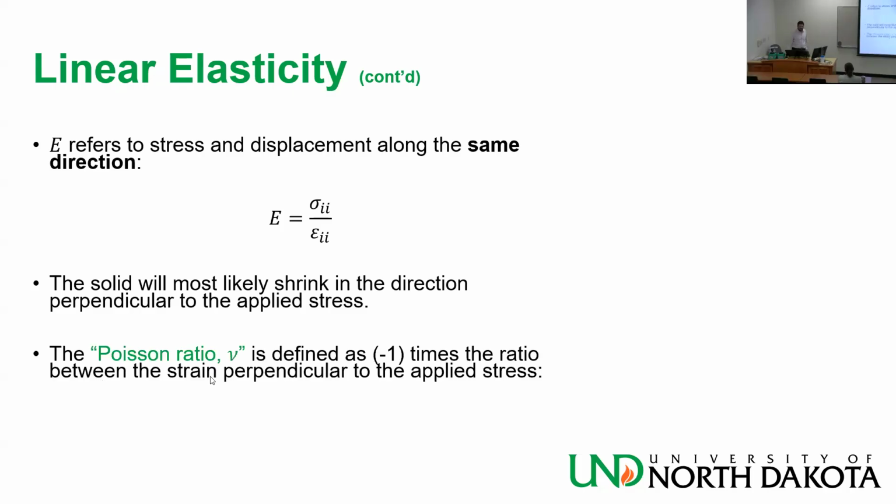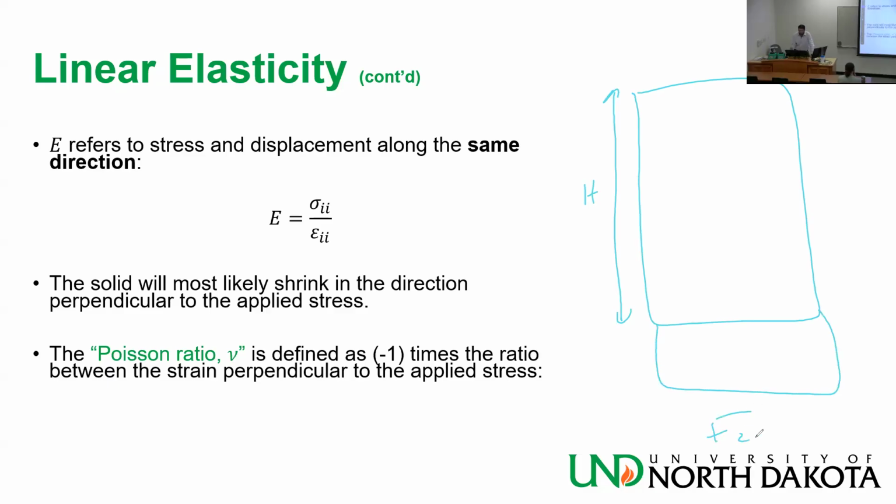So basically I have the old material, with height H. I applied stress FZ over cross-sectional area A, and I achieved an elongation, delta Z. But I also have a reaction in the opposite direction: okay, it became longer, but it became slimmer as well.